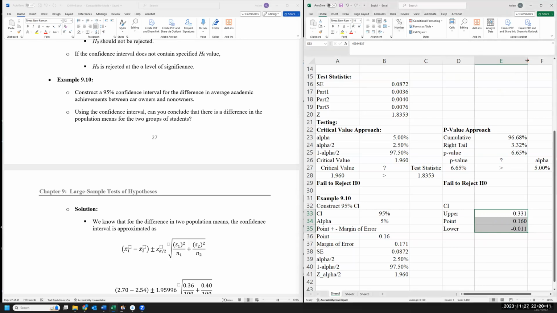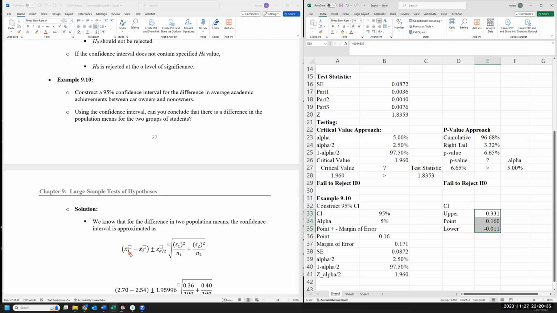Okay. So we could see here that the confidence interval goes from negative 0.011 to 0.31. And what is this confidence interval of? Of the difference in the average GPAs of non-car owners and car owners.